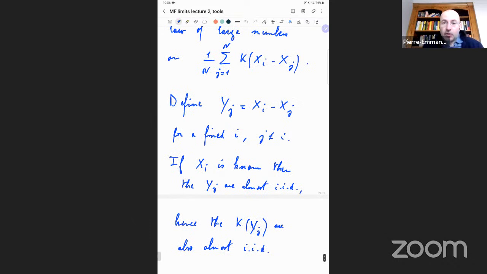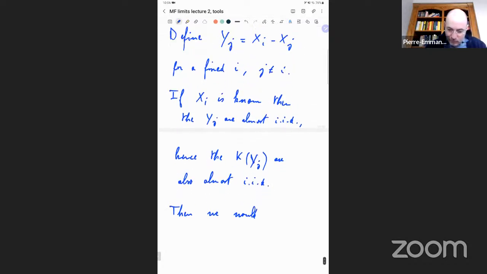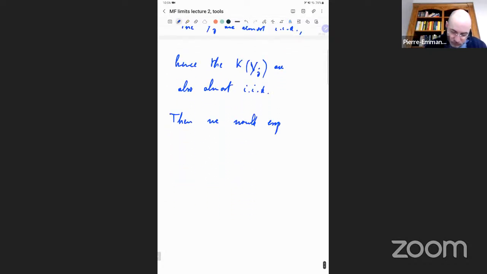And the sum of all those numbers should be equal to the sum of their expectation, or very close to the sum of their expectation. So I can remove i, right?